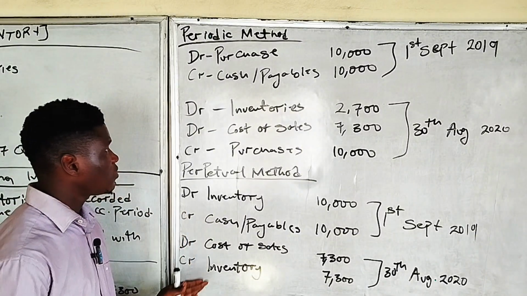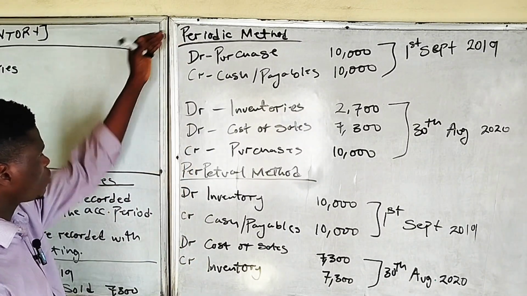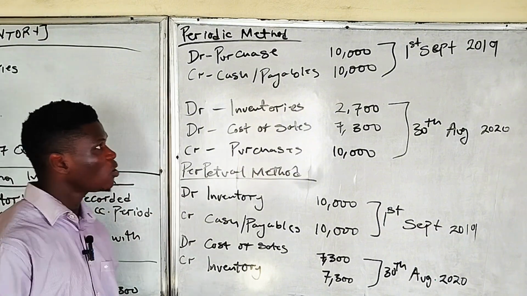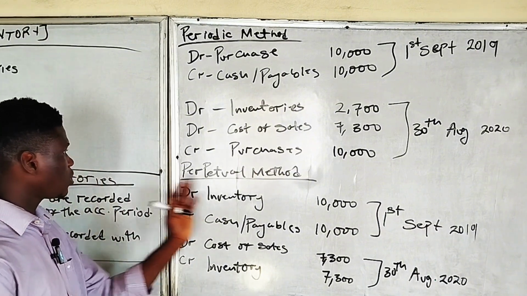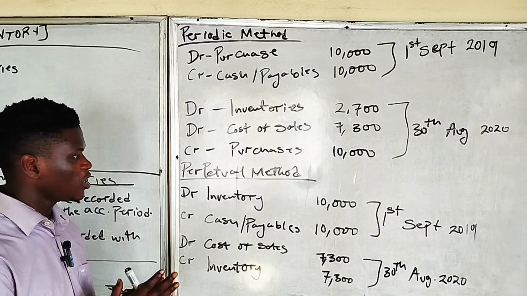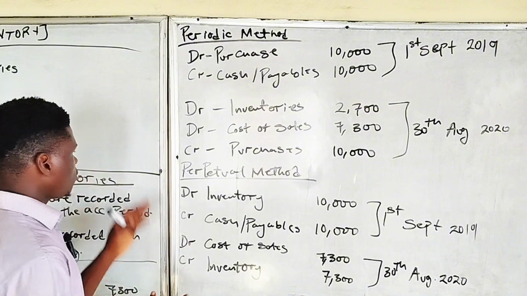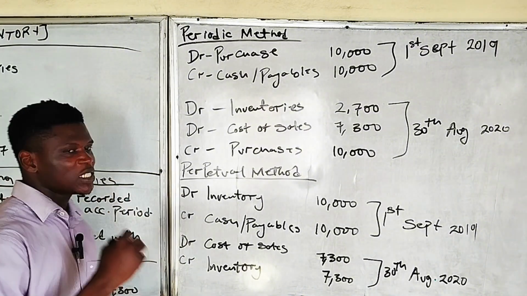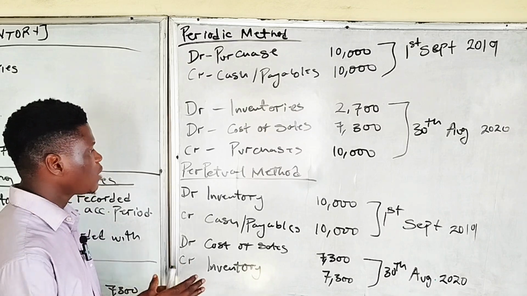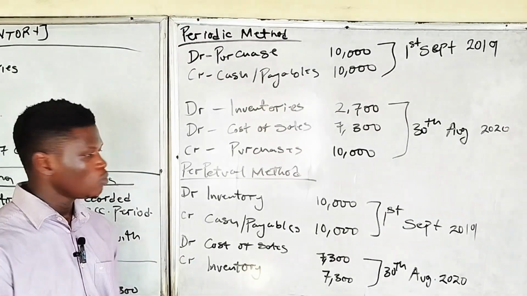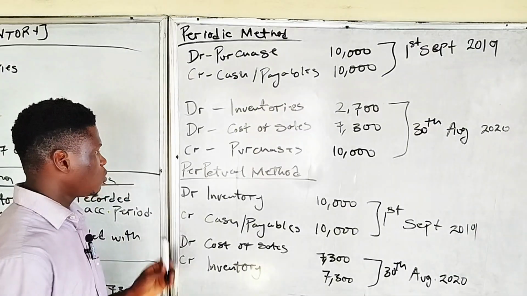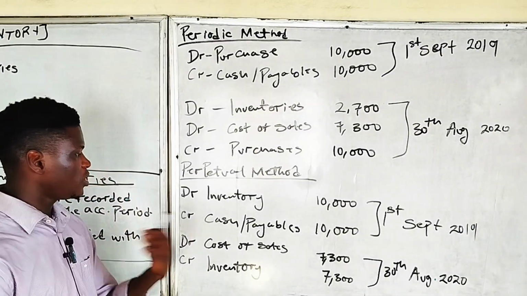So that's for that. Periodic method and the perpetual method. Basically, the periodic method is used for small companies, and the perpetual method can be used for large companies where control can be taken care of well. The perpetual method will recognize inventory at every point of purchase, meaning that every time we purchase goods for resale, we recognize inventory, which is constant updating.